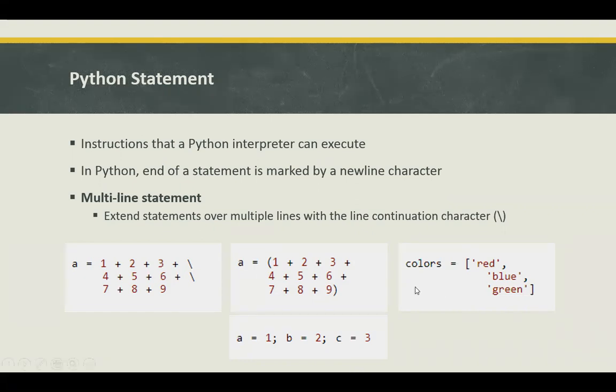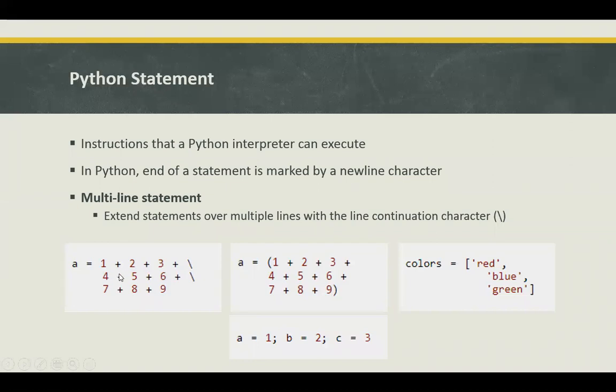So that time we use this slash, the continuation character. In this way, we can extend the line. Here is an example of how we can extend the line. For example, a is equal to 1 plus 2 plus 3 plus.